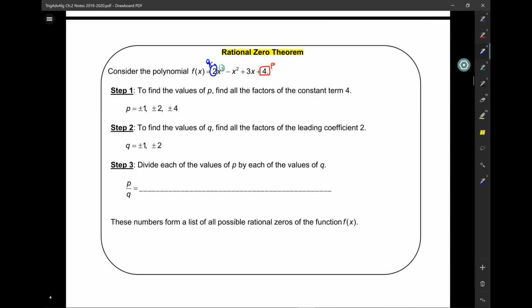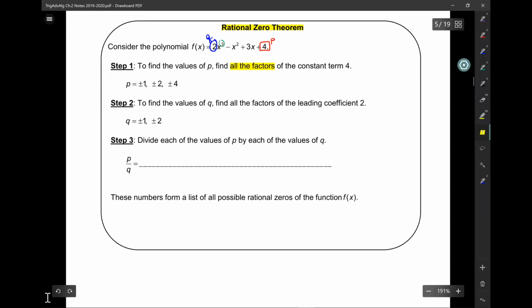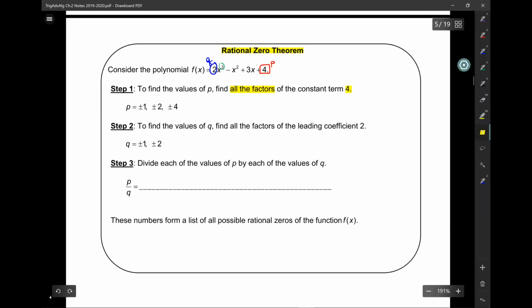Okay, what is P? P are all the factors of the term 4. Okay, what are the factors of 4? What two numbers do you multiply to get 4? Okay, 1 and 4, 2 and 2, but also -1 and -4, and -2 and -2, right?